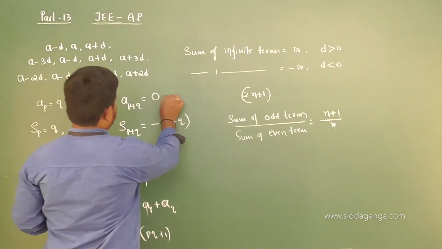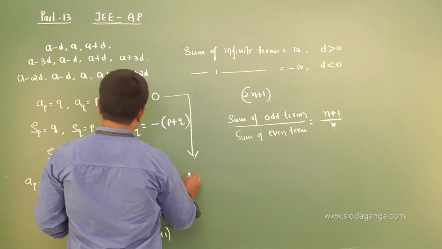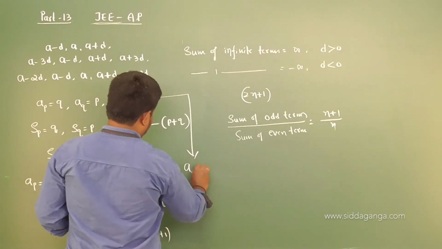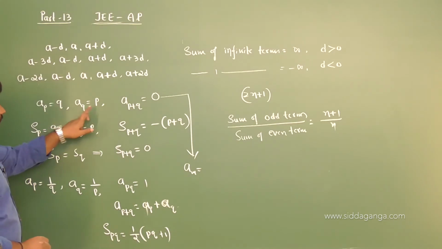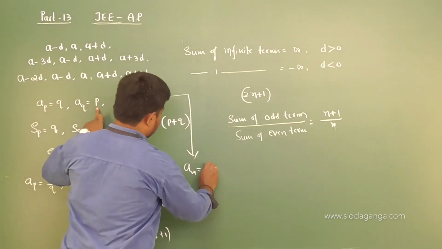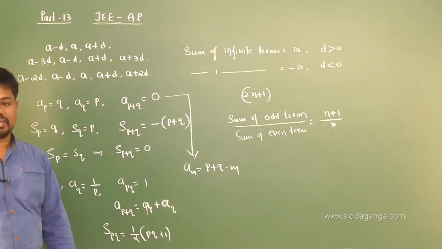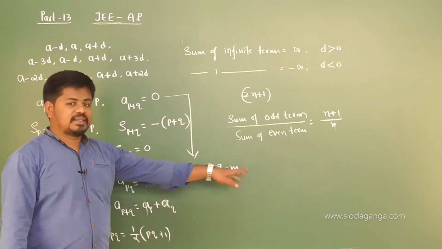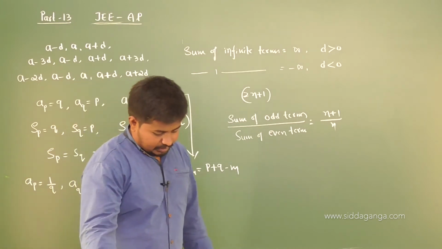And also one more: the mth term will be equal to p plus q minus m, or the rth term is p plus q minus r. This is also an important result.